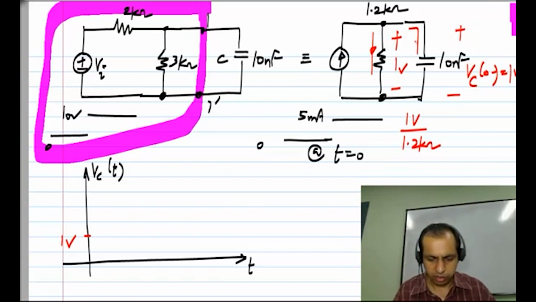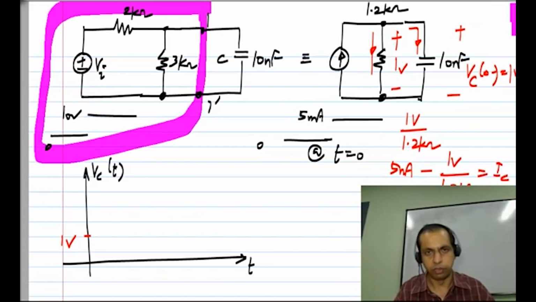The remaining current, 5 milliamps minus 1 volt by 1.2 kilo ohms, will flow through the capacitor just after t equals 0, and that will make the capacitor voltage become larger and larger. As the capacitor voltage increases, more current flows into the resistor.